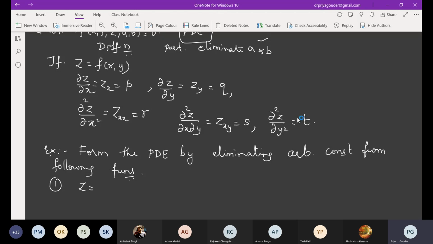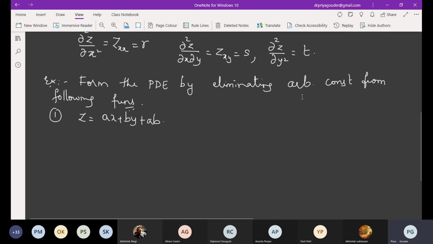Okay, write down. Z is equal to AX plus BY plus AB. I'll take the same example. So how many arbitrary constants are there? There are two. Okay, first thing, take the equation as equation 1.